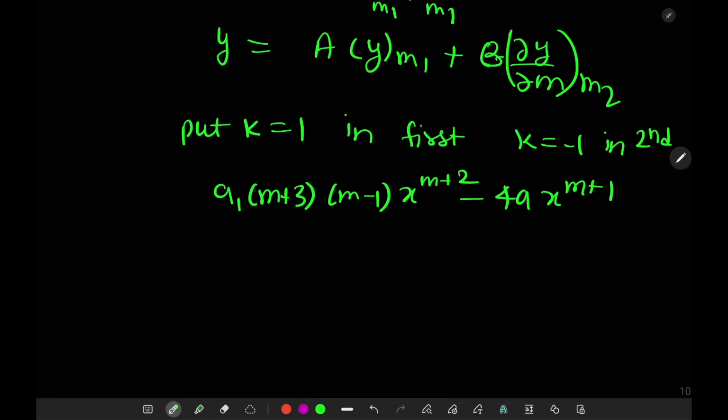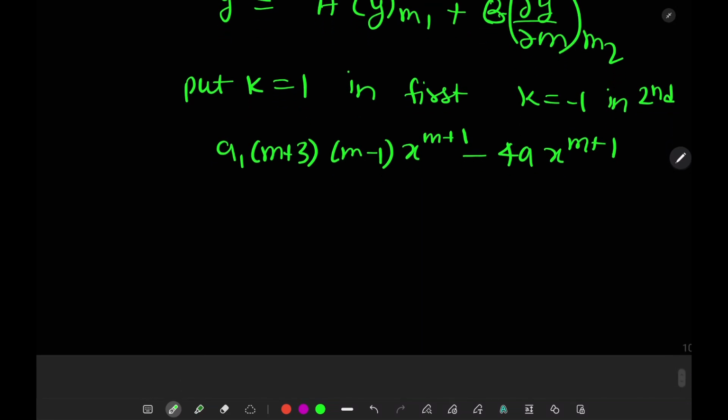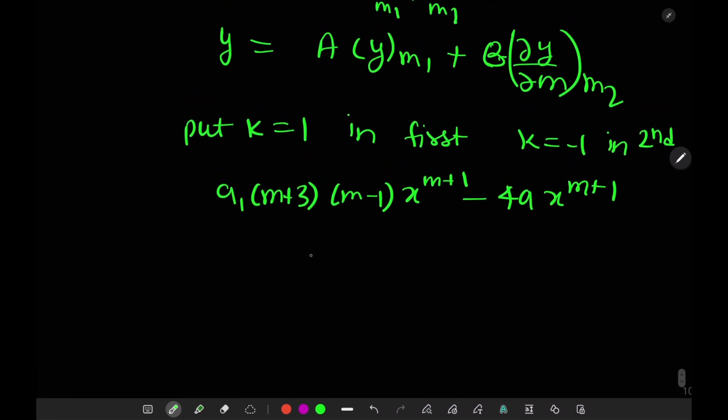So we get here this value. Now using this equation, here you can see a_k can never be equal to minus a_k, so we can't put k equal to minus 1 in the second summation for getting x raised to power m plus 1.